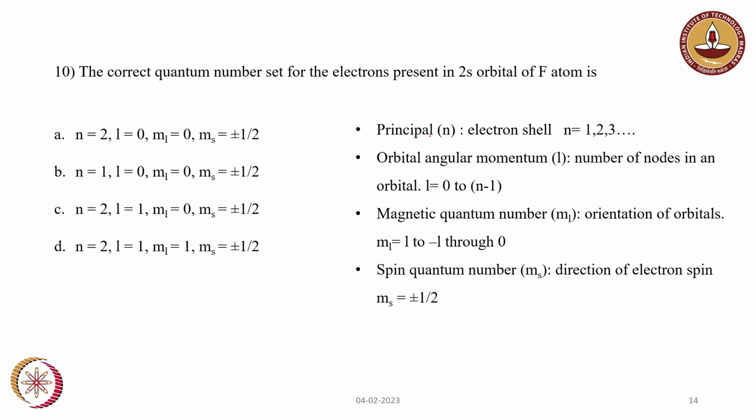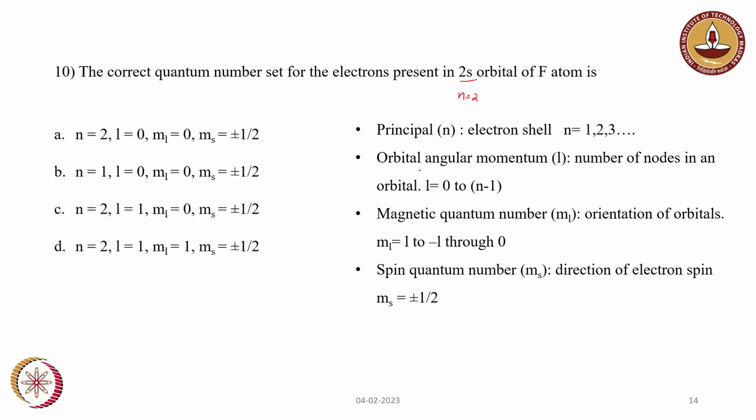The principal quantum number is denoted as n, and it is the electron shell of the electron we are considering. Here it is given as 2s, so n will be 2. Generally n has values from 1 onwards, only positive integers, and it denotes the electronic shell.